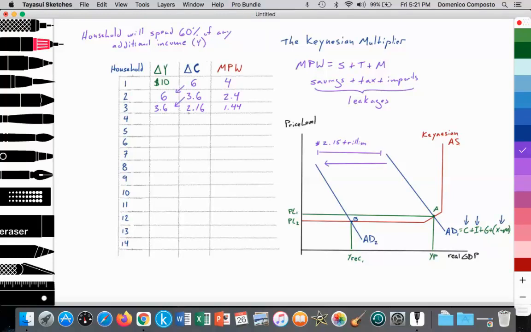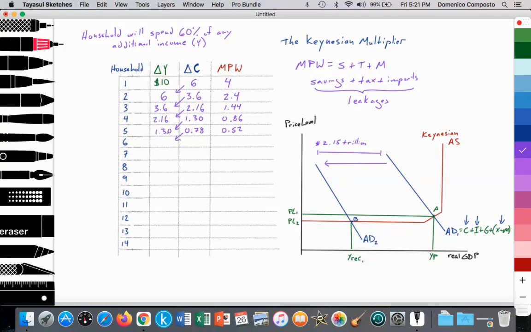That additional $2.16 of spending will eventually end up in another household that will spend $1.30, and they will save 0.86. Okay, that $1.30 will end up in household number 5. They will spend 60% of that, which is 78 cents, and they will save perhaps 0.52, saved, taxed or imports purchased.